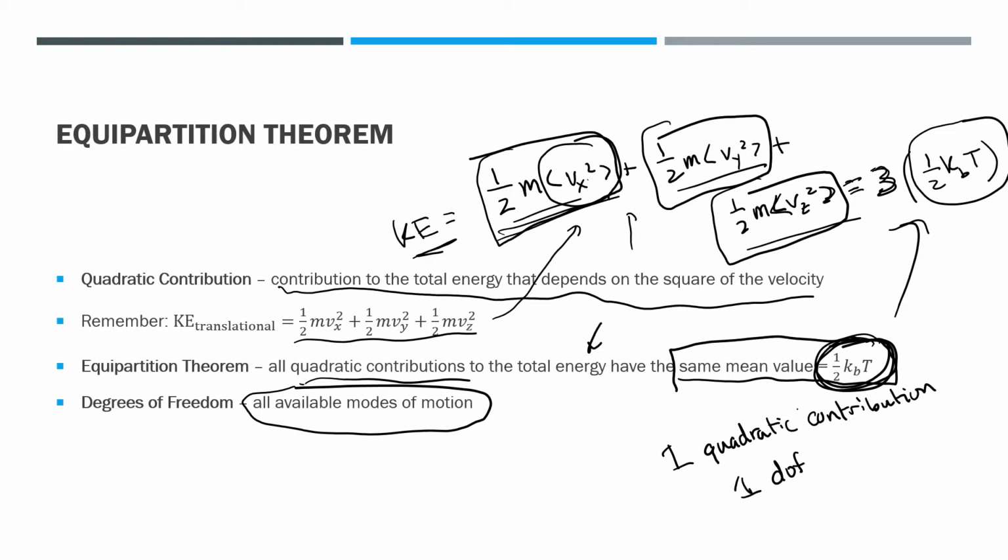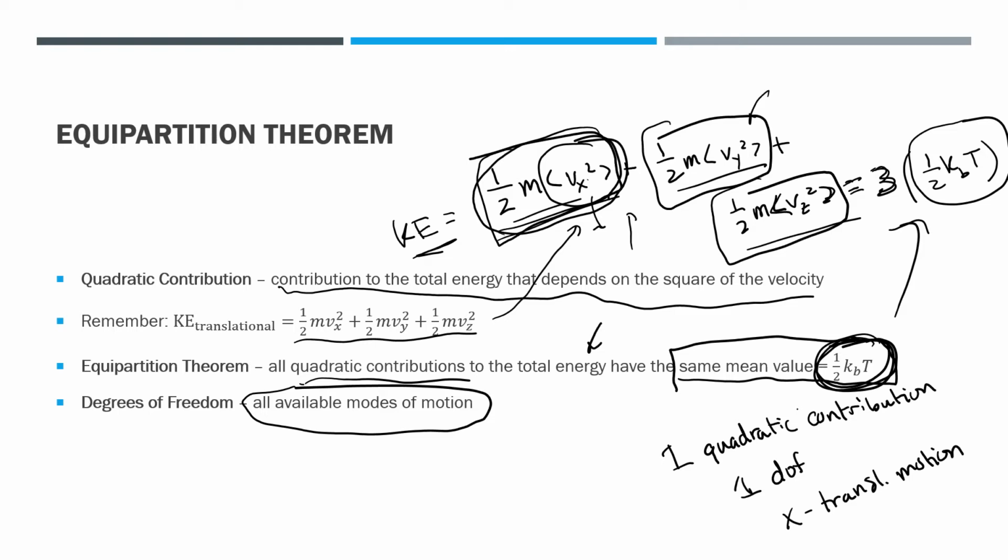So let's talk about this with the monoatomic ideal gas case. You can see we have half mvx squared. That's one quadratic contribution. And we note that we're only taking the velocity in the x direction. So that's x direction translational motion. So the degree of freedom related to this quadratic contribution is x translational motion. If I look at the half mvy squared, this is another quadratic contribution. This is y translational motion.